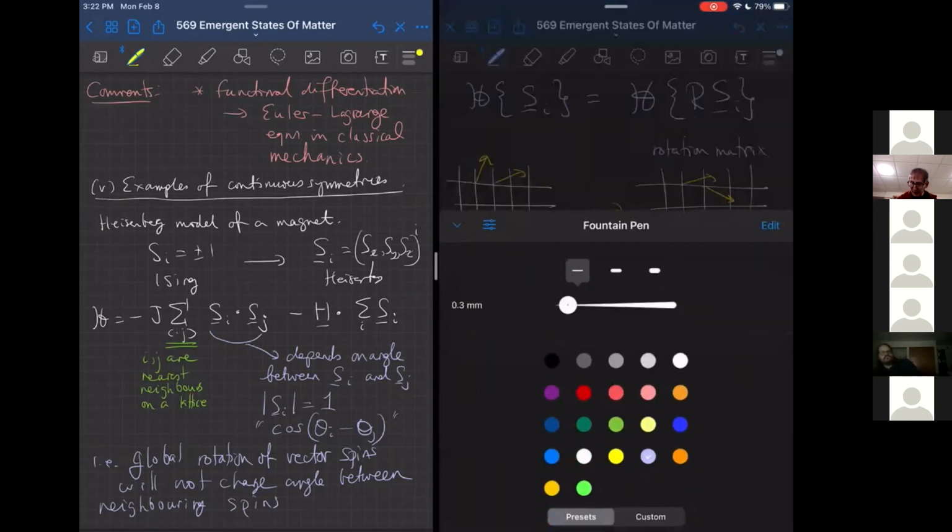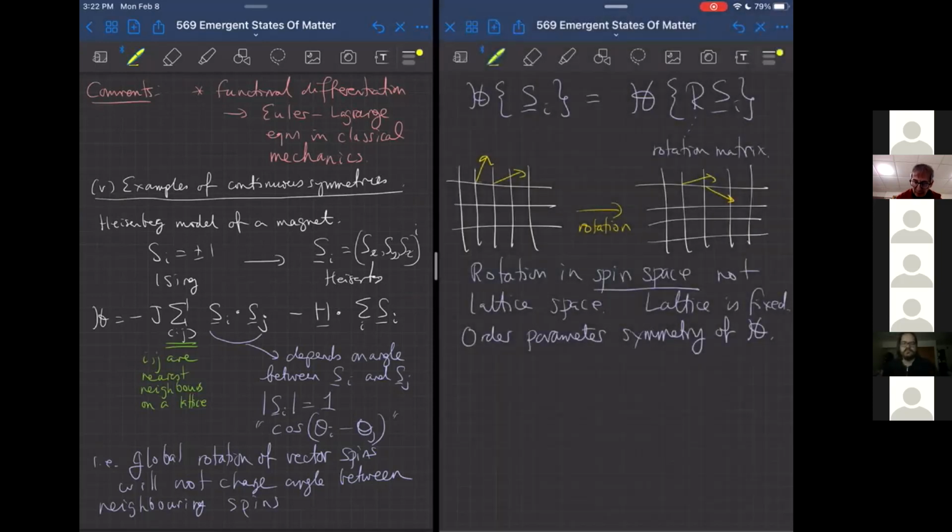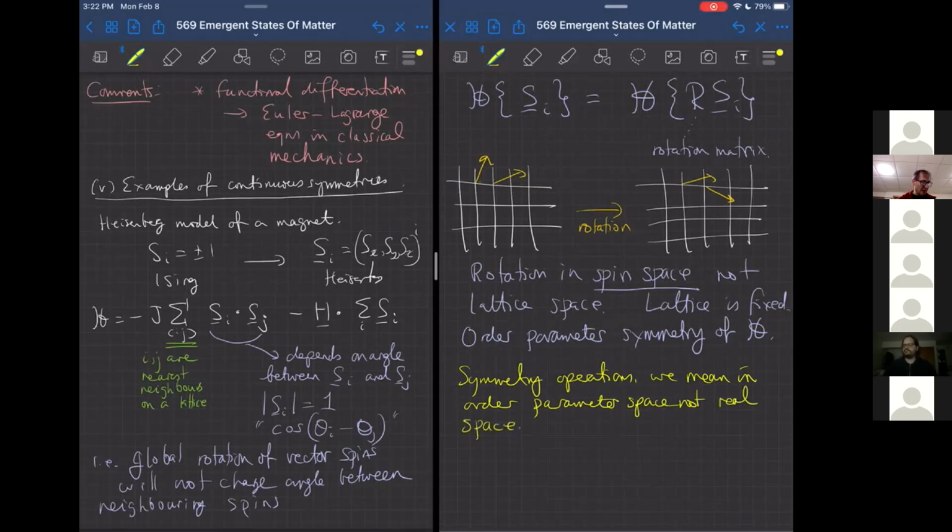So let me just summarize that. When we talk about symmetry operations, we mean in order parameter space, not real space. And so those are the symmetries that we're going to be interested in here.